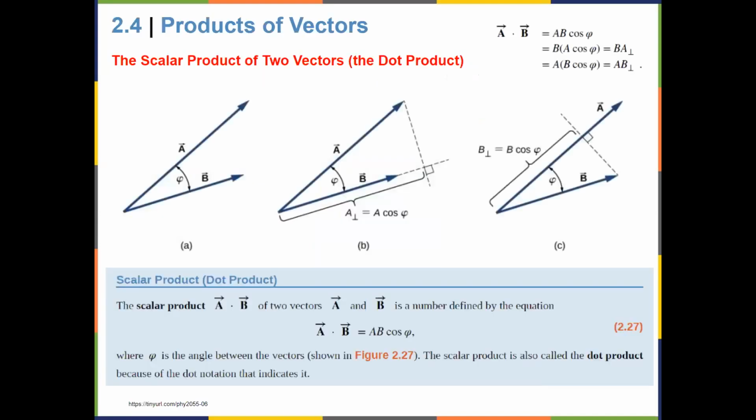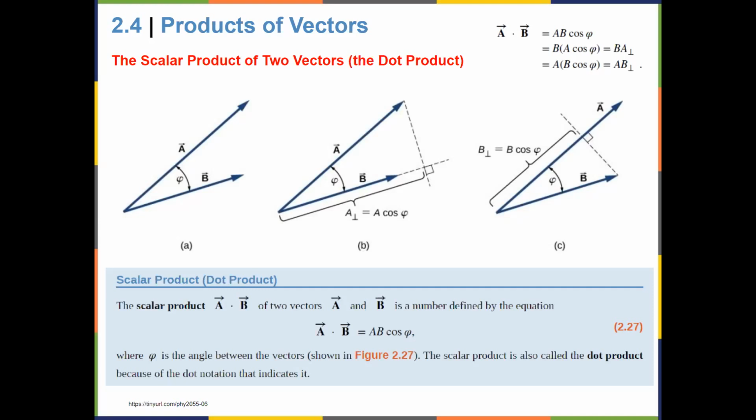All right. So briefly, last time we talked about the dot product of two vectors, or scalar product. If you have two vectors and multiply them, you can do a dot product or a cross product. The difference is the dot product gives you a scalar quantity as a result, while the cross product gives you a vector.